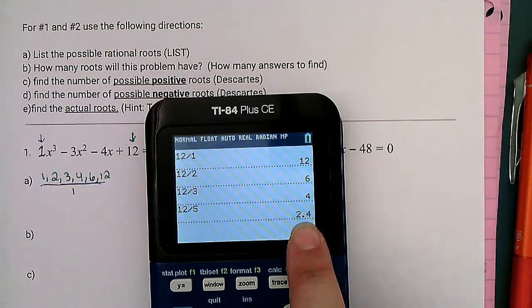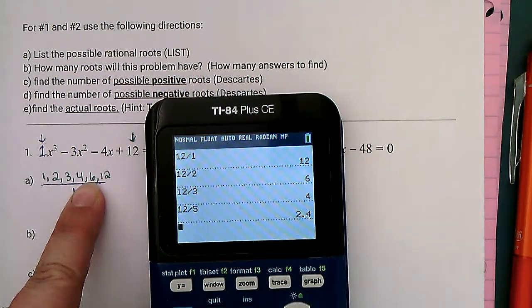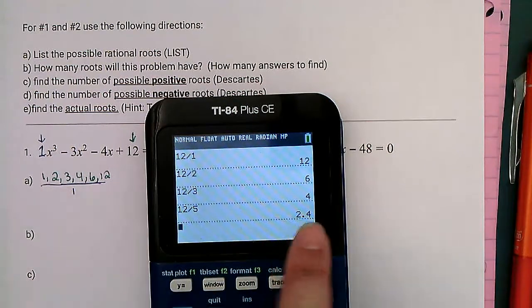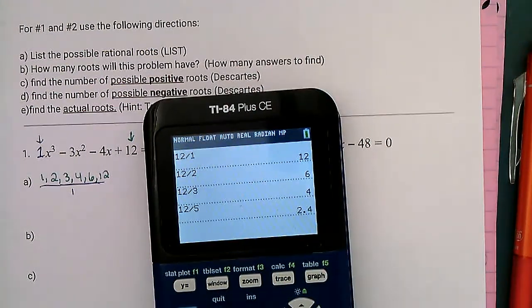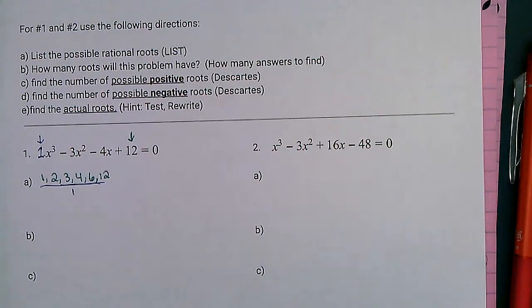See 5 gave me a number with decimals, so that means I do not put 5 on my list. See how 5 is not on the list? Because it doesn't give us a nice number without decimals. So that's how we get factors. If you don't know them off the top of your head, grab a calculator, start dividing. Remember, the little blue calculators are over on the counter. That's what you get to use.